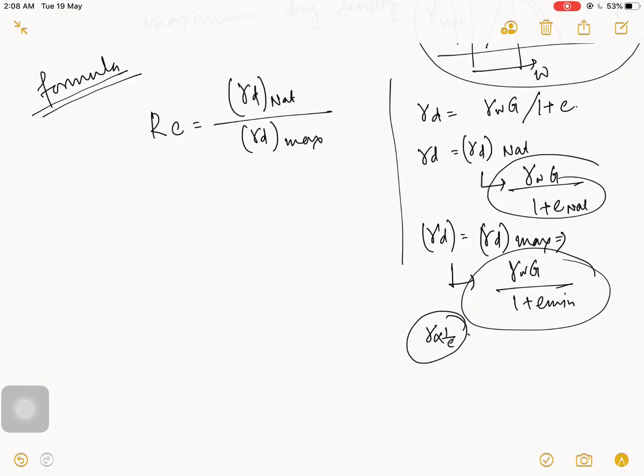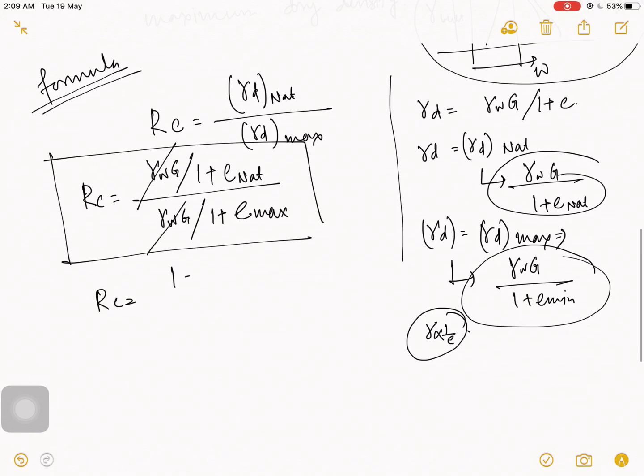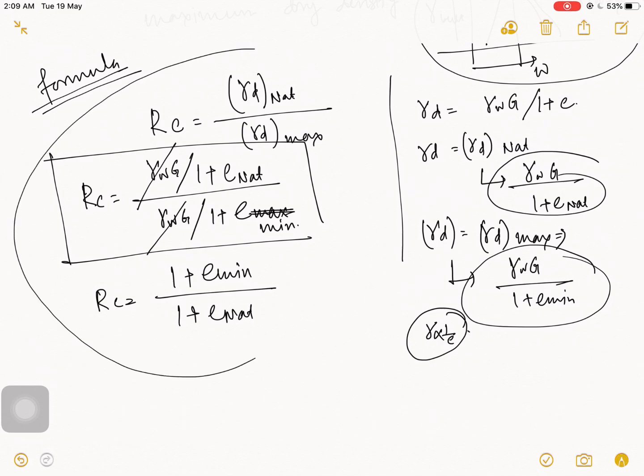Now I put the values in this equation. RC equals gamma W G by 1 plus E natural, divided by gamma W G by 1 plus E minimum. RC equals 1 plus E minimum by 1 plus E natural, and this is minimum. Sorry for the silly mistake. In this way, this whole formula is generated. Hope this portion is clear.